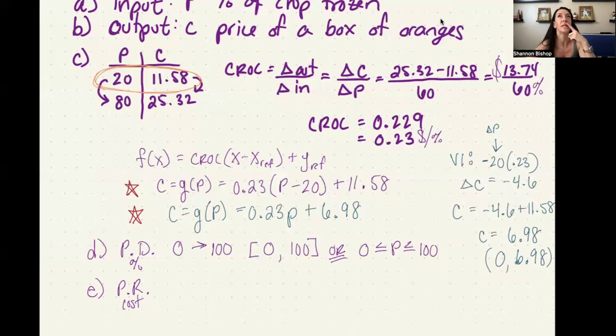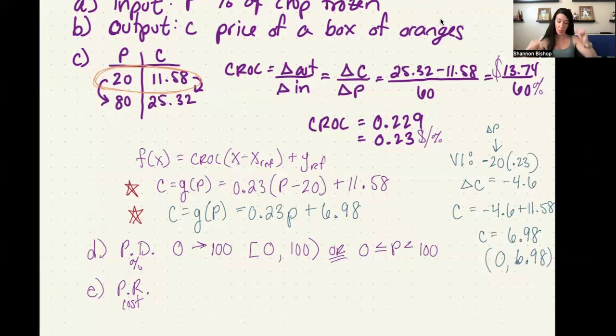Now, admittedly, if everything was frozen, then do we even have oranges to sell? Interesting perspective. Maybe not. So as I'm thinking about it, we might decide to not go that extreme. And let's at least hope that there's something left. So I just now changed my domain to go all the way up to 100, but not quite including 100, because if everything literally was frozen, then I don't think I'm even selling oranges anymore.